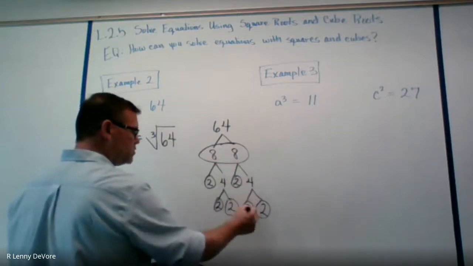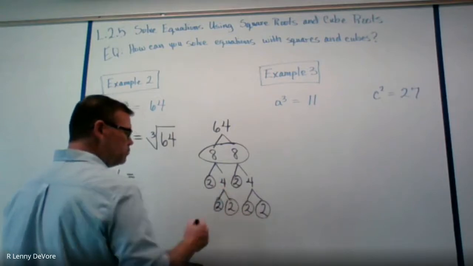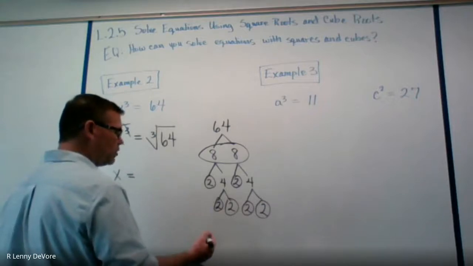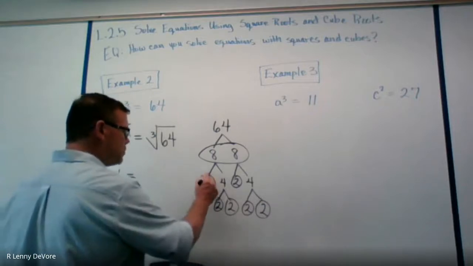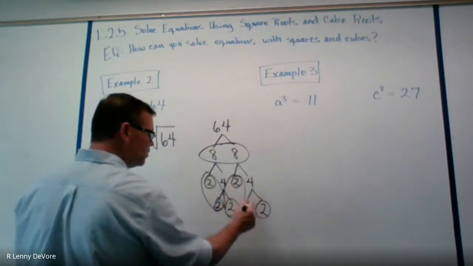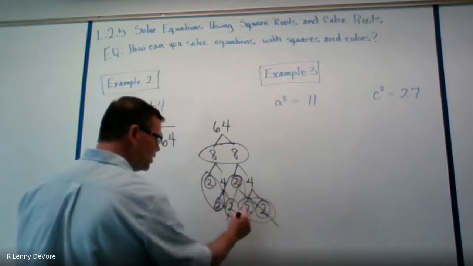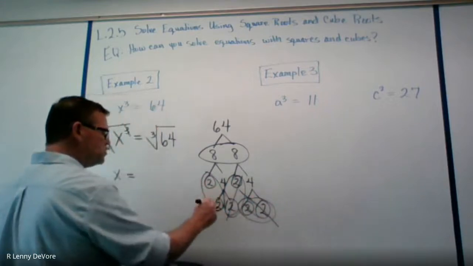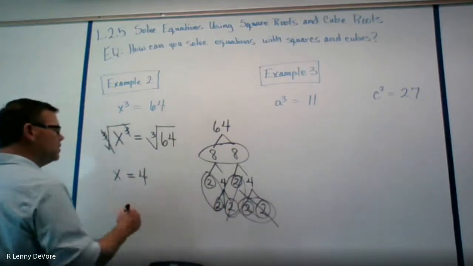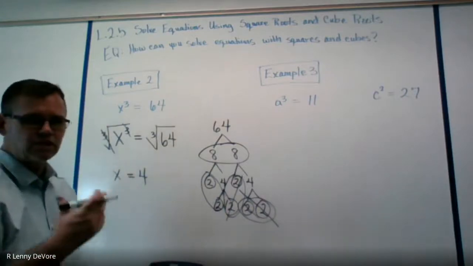Because we've got 2 here, and we cancel out half of them. But with this one, we have to cancel out even more. So we group them in threes, and these are gone, and these are gone. And so I have left 2 multiplied by 2, which is 4. So in other words, the cubed root of 64 is 4.